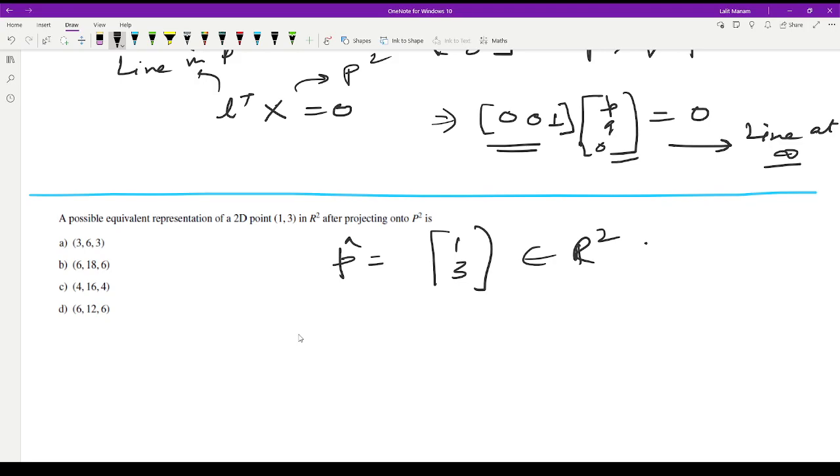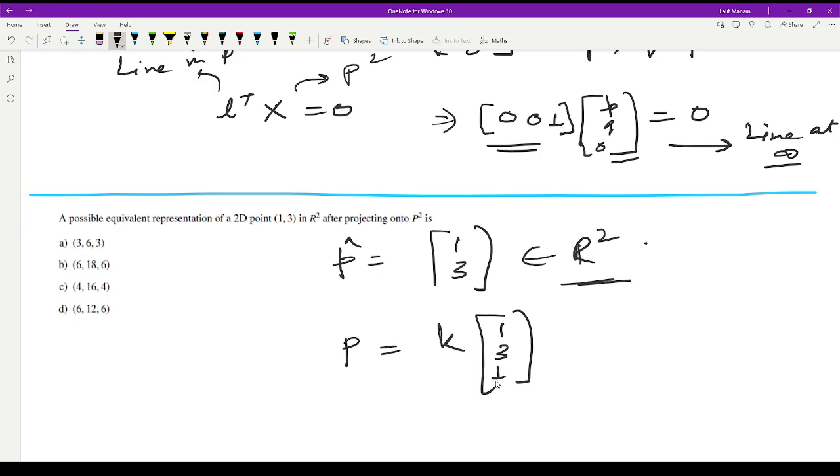If we take 6 as the extra thing, then if we divide, we'll end up with 1, 3. Yeah, okay, that's a reverse way of doing it, and that's fine. Any equivalent point in projective space, given that the point we have here, 1 comma 3, is in R2, is given by k times (1, 3, 1), right?